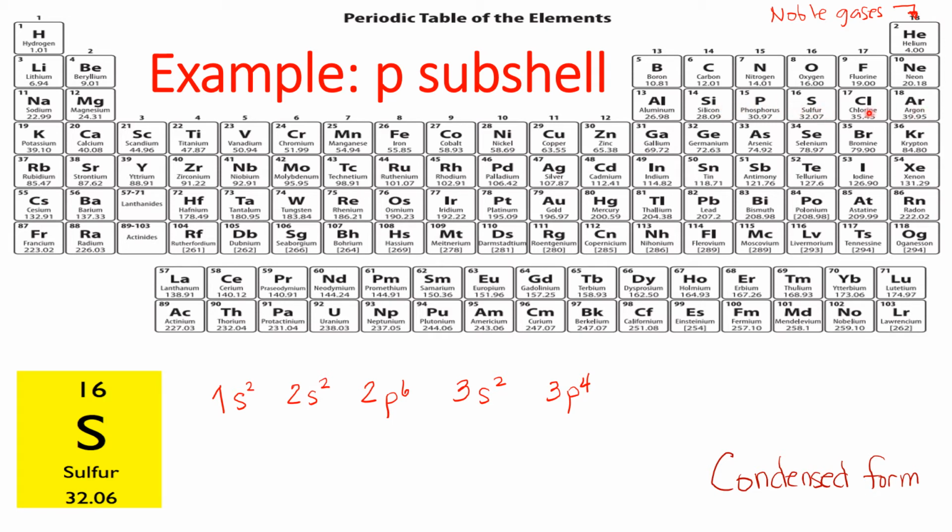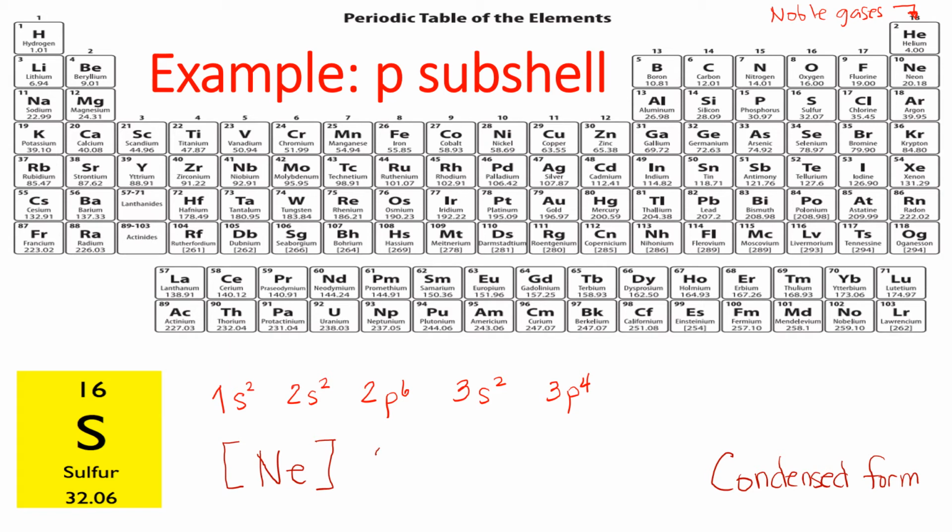Your sulfur is in your third period, so you have to go back to the second period, right? The noble gas of your second period is neon. So therefore, you can write your neon here. And what's the next one? You have to complete until the element sulfur.